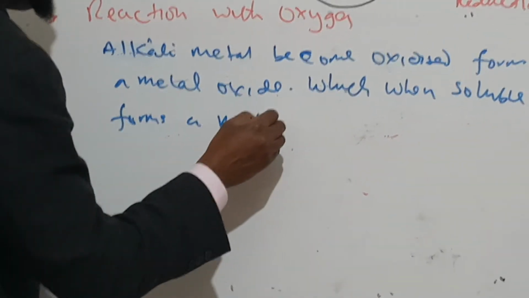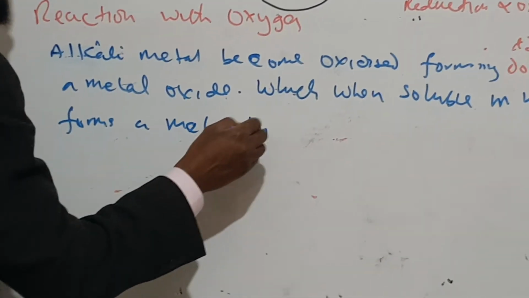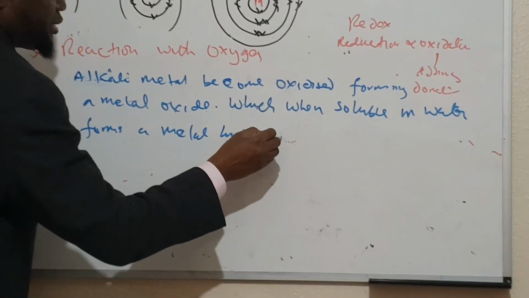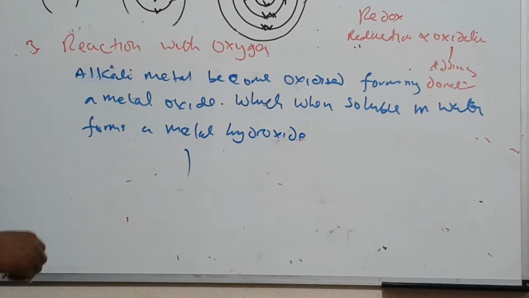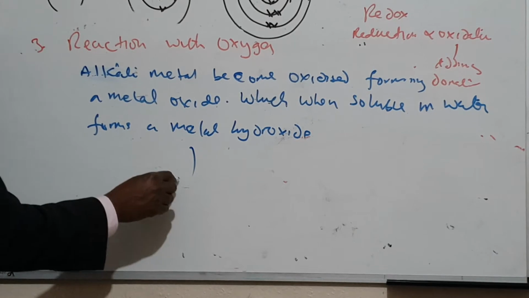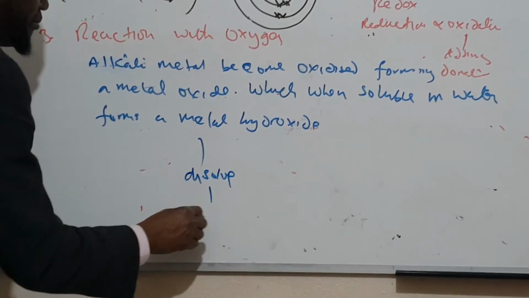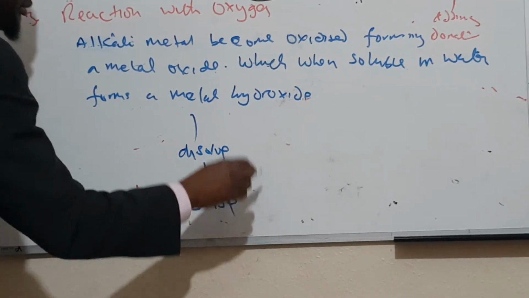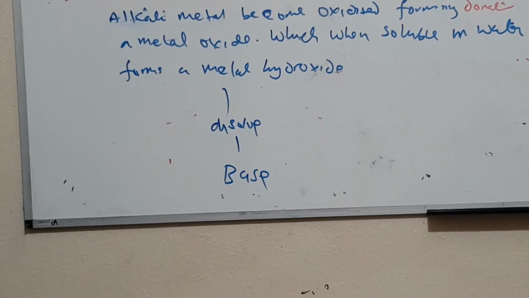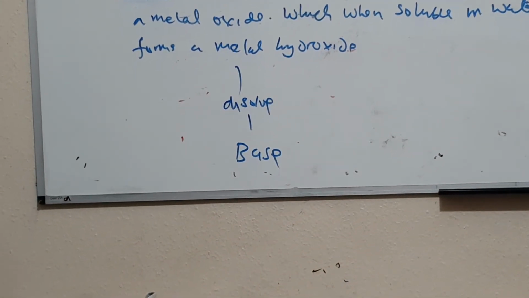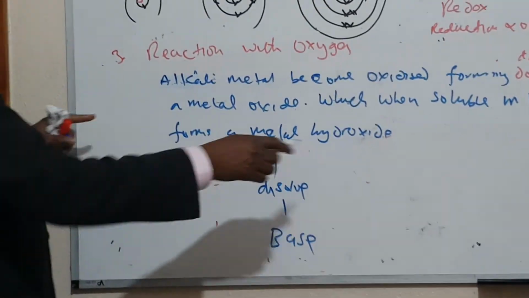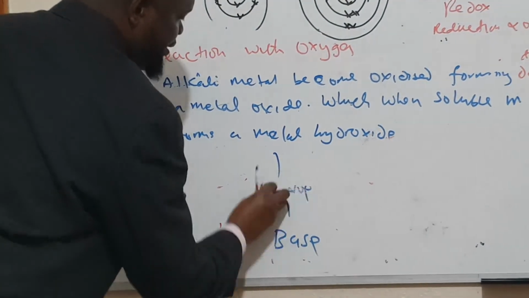We are back to our metal hydroxide. If a metal hydroxide is dissolved in water, it's called a base. And the reaction looks like this.